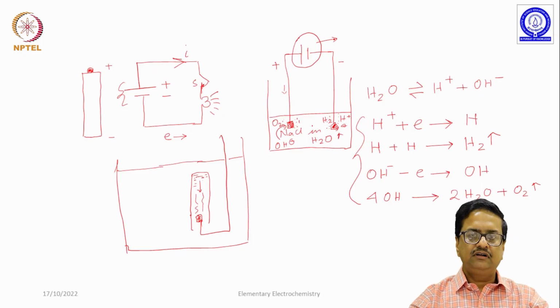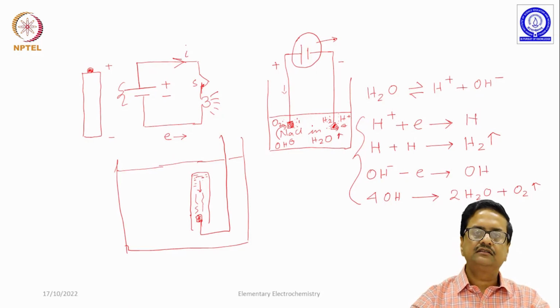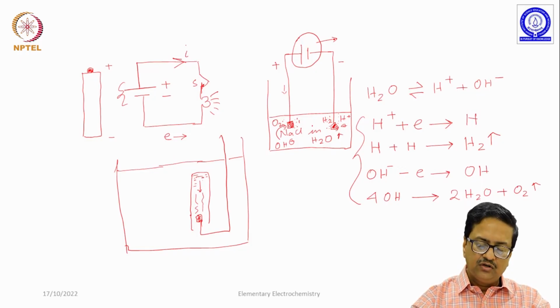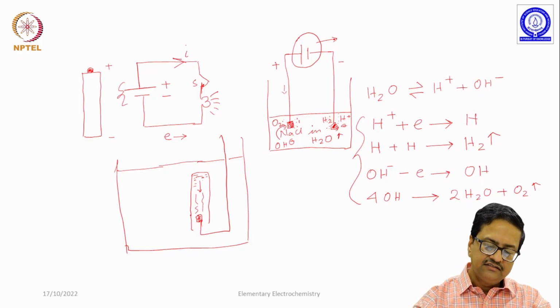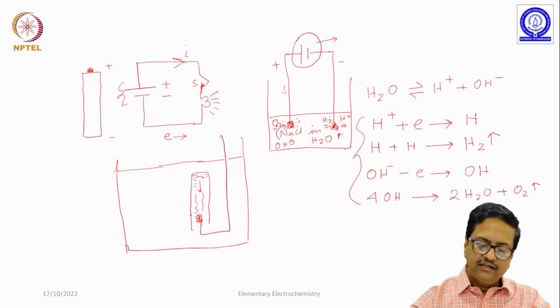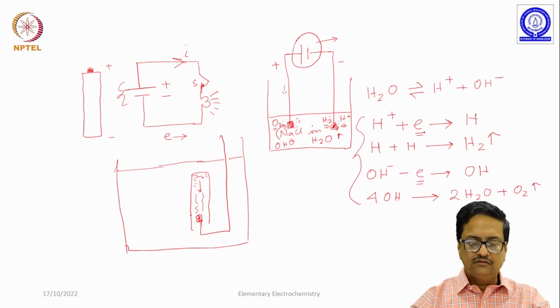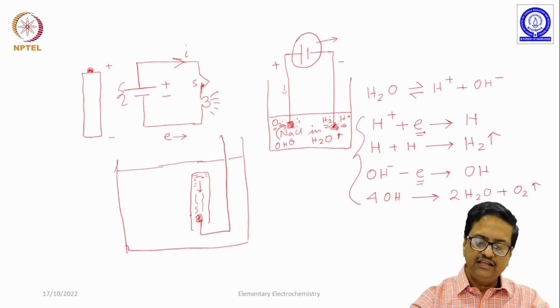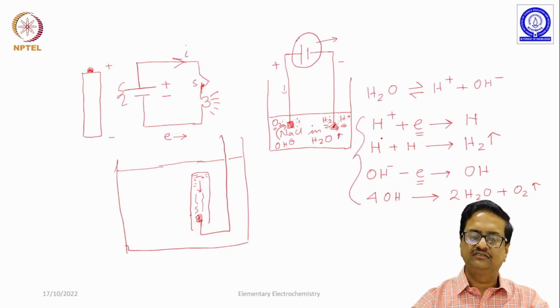So in the next class, we will start talking about various laws of electrolysis, the Faraday's laws of electrolysis, how the release of these ions is related to their corresponding molecular weight and the amount of electricity transferred during their discharge process, that is, H plus ion getting discharged to hydrogen atom, OH minus ion getting discharged to hydroxyl radical.